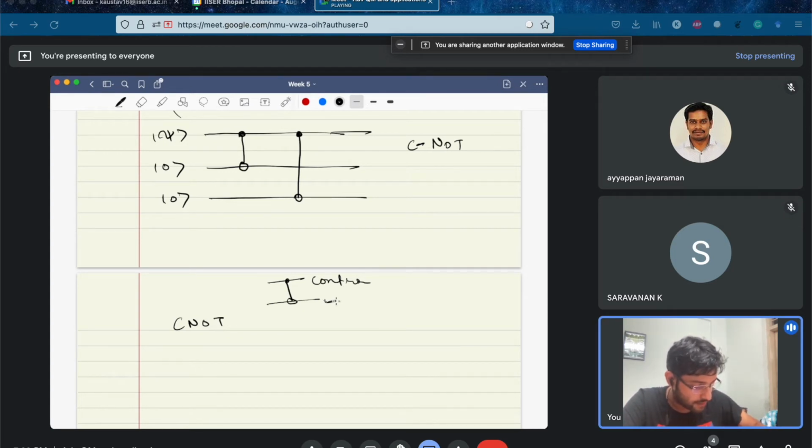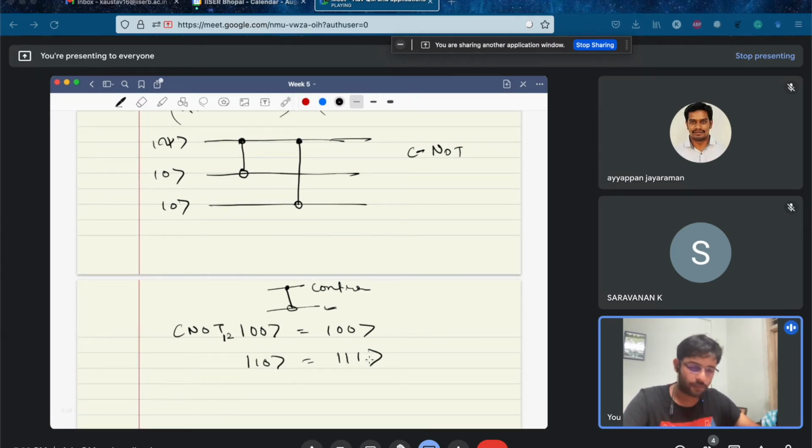Now when you have the CNOT gate acting on, let's say, 1 2, 1 is the control, 2 is the one on which it acts. On 0 0, it does not do anything, but when it acts on 1 0, it flips the second bit, so you get 1 1. Okay, so I hope this is already clear, since you have already attended the lectures in which they have also given you a very nice idea on these gates.